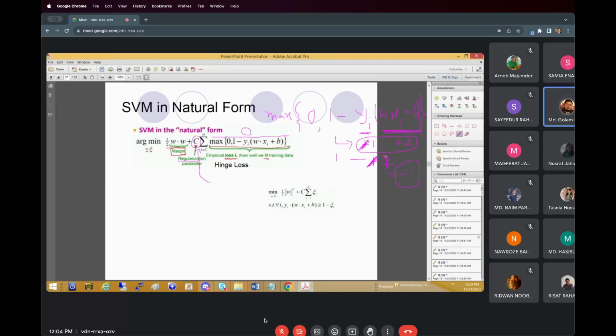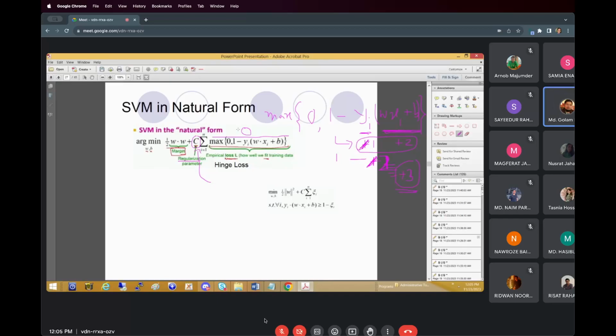Then 1 minus of minus 2 is minus minus plus, so we get positive 3. Between 0 and positive 3, positive 3 is the maximum.